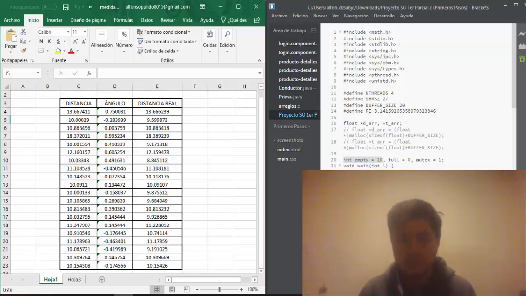All this data is gathered after all the transitions between the readings of the gyroscope and the laser. We have to remember that these two sensors operate at different times, so we make an average of the distance values to take this value and make the operation with the angle, and with this we can get the distance.